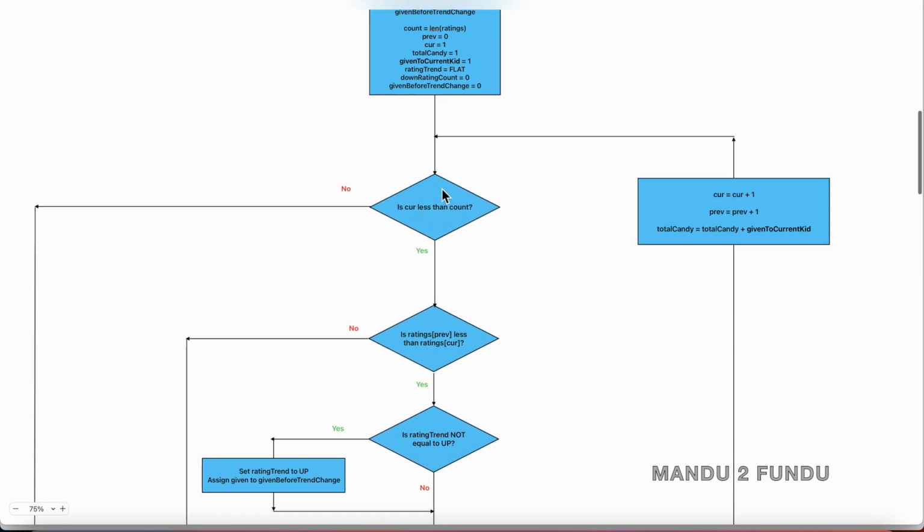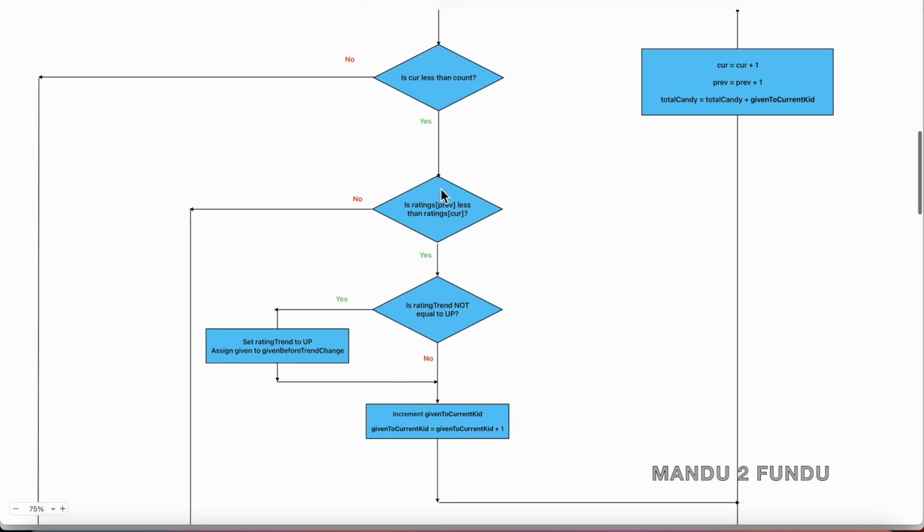Then we enter the for loop, and first we check whether the rating for the previous kid is less than the rating of the current kid. In that case we are trending up. First we check whether the current trend is not equal to up.